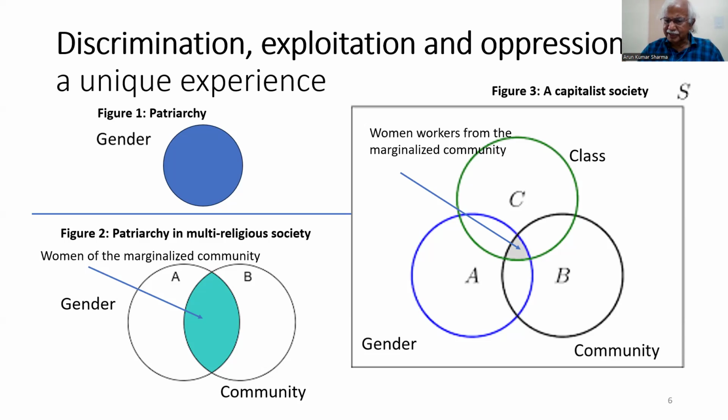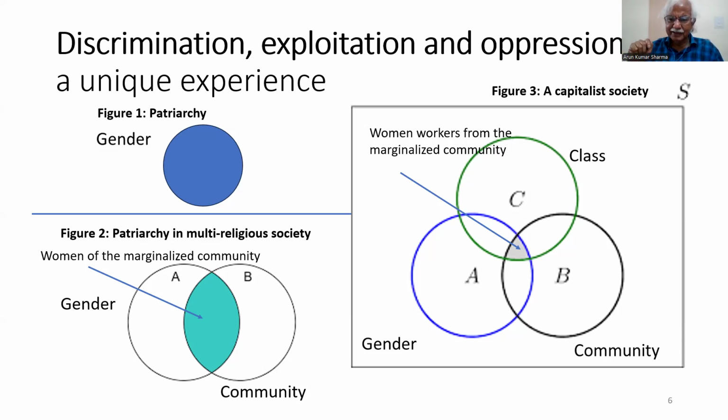Gender is there, community is there, but there is another category, or there is another circle, that is of class. This is a case of a typically capitalist society or a modern society in which there are three major identities: gender, community, and class.